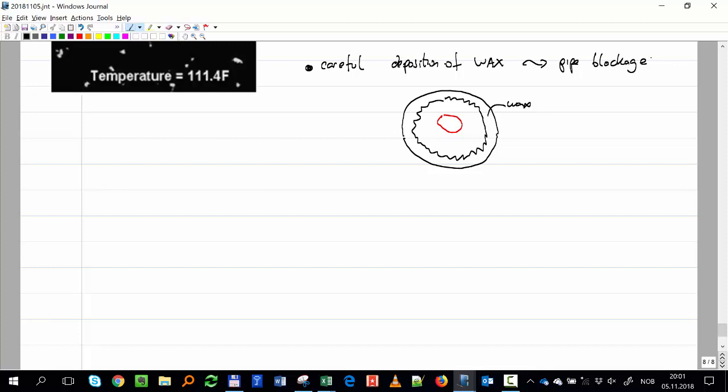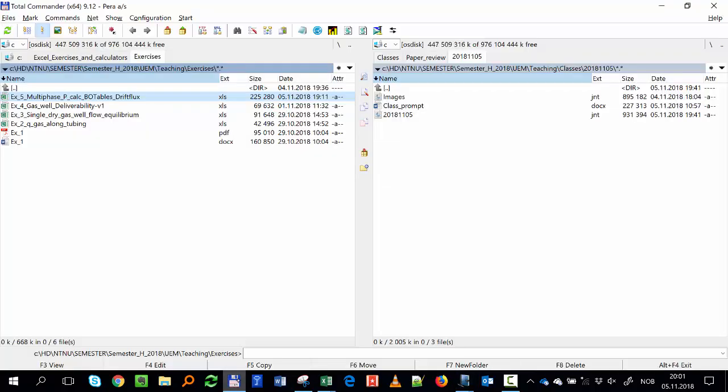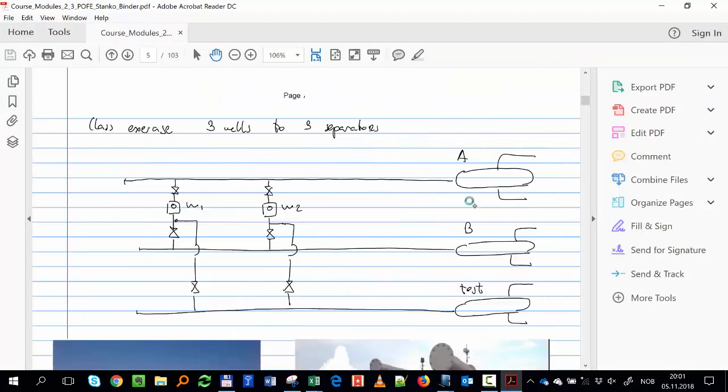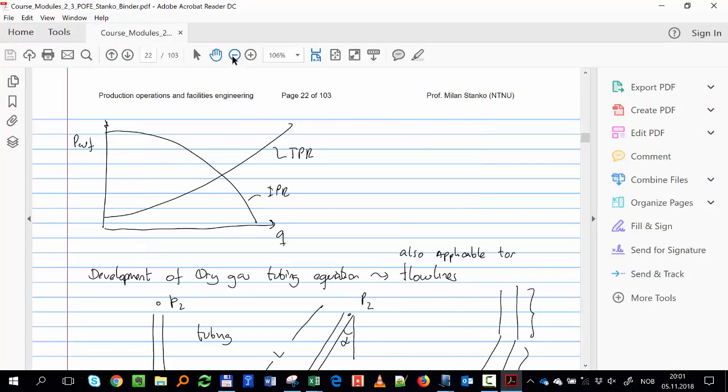Because the wax will stick to the wall. Let's see, I'm not sure if I have a figure. I think from last year we covered that slightly. I think we have a picture from last year.